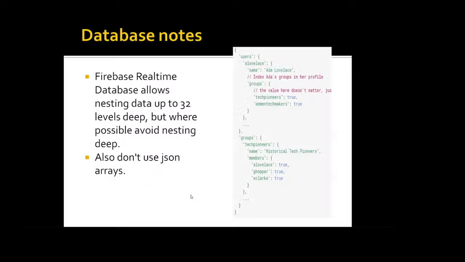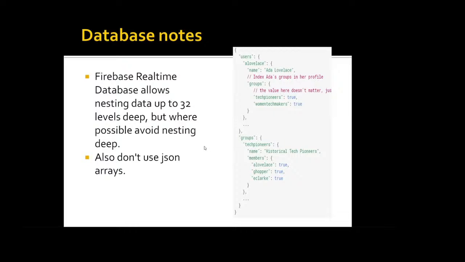And then database nodes. Firebase real-time database allows nesting up to 32 levels deep, but where possible avoid nesting deep. I guess something is wrong with this statement, so just don't worry about this. But here it says it has 32 levels deep. So it is just that we can have 32 nested structures.